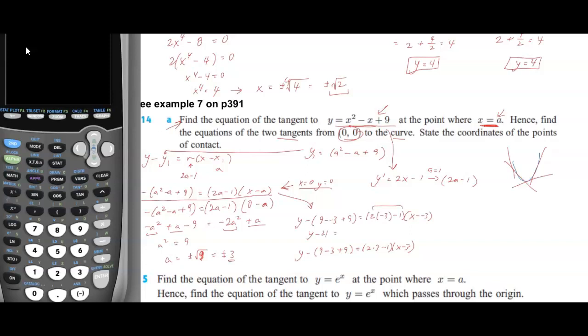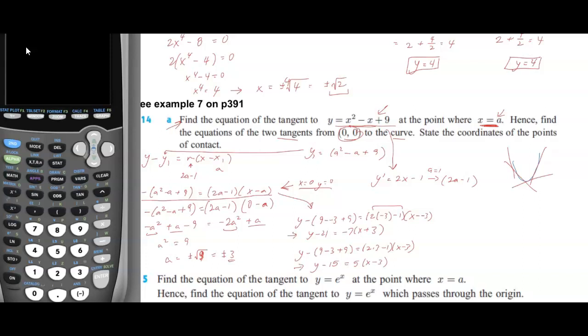And this would be 2 times negative 3, negative 6, minus 1, negative 7, x plus 3. And then this one would be y minus 18 minus 3 is 15 equals 6 minus 1 is 5, x minus 3. Okay, so those are the equations of the two tangent lines.